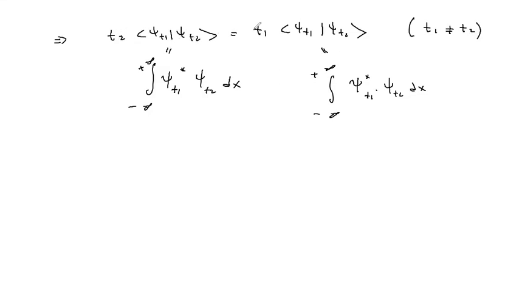What else can I say? How can I satisfy this equation? There's only one possibility for me. Can I move, let's say, the right side term to the left? I'm going to get something like T2 minus T1 multiplied by this matrix element.